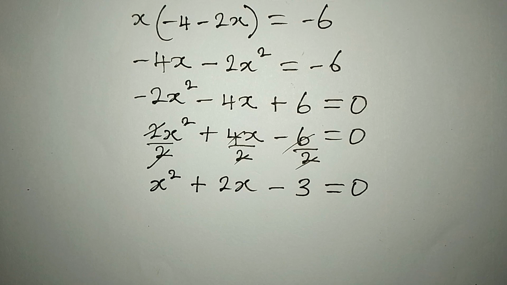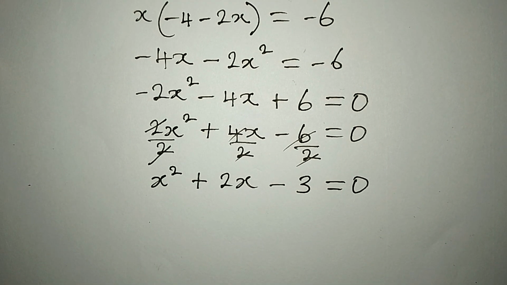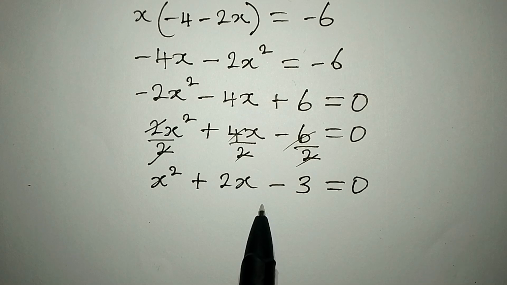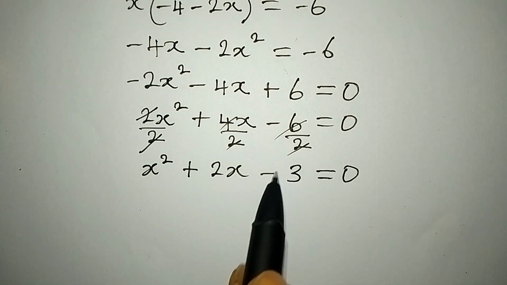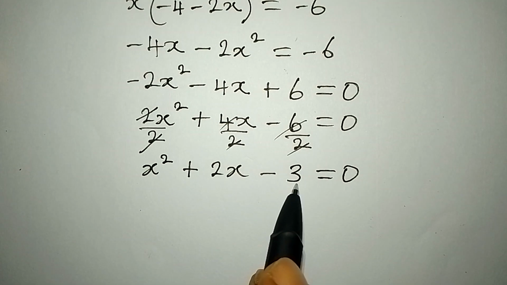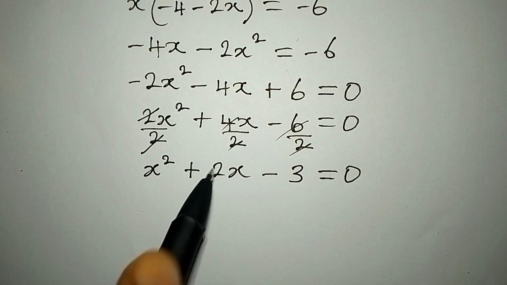Now the question is, what method do we use to solve this? Can we use the factorization method to deal with this? If we're going to use the factorization method, the question is, what are the two numbers we multiply to get -3, and then add together to get 2?